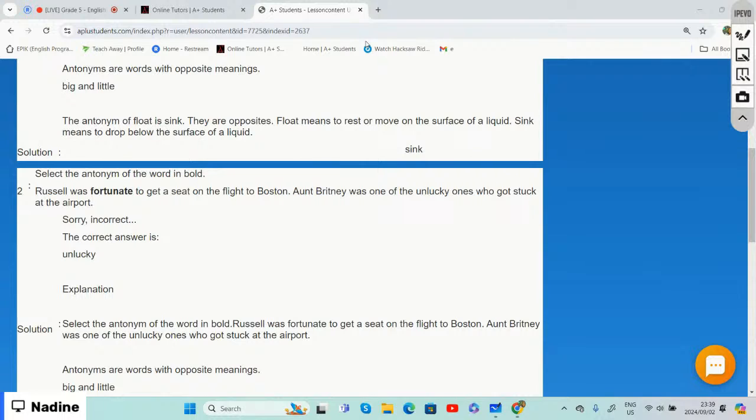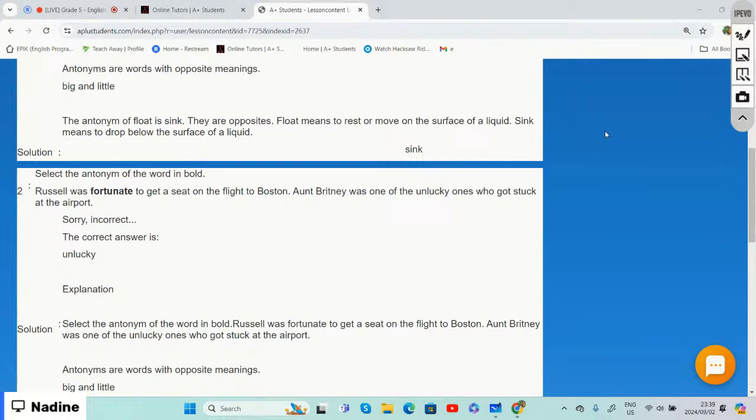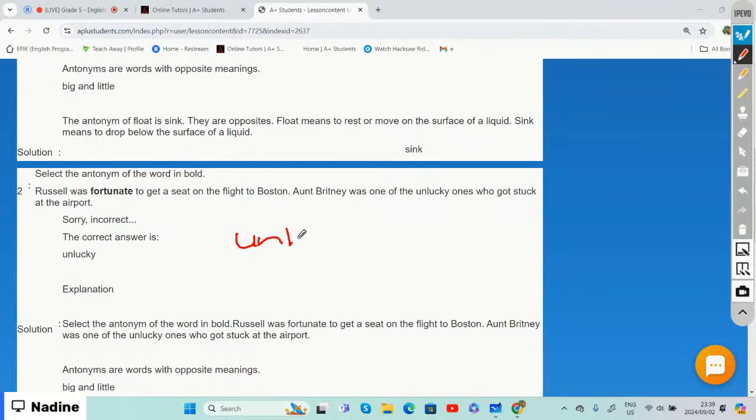And if we were to find the word that's the opposite of fortunate, then we can say the opposite of fortunate is when you are unlucky.